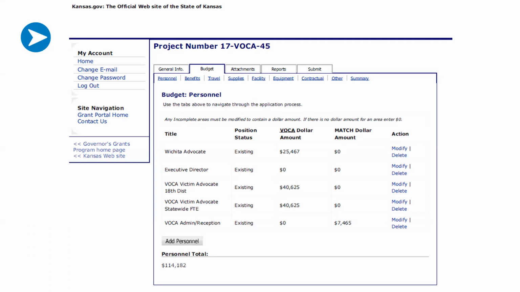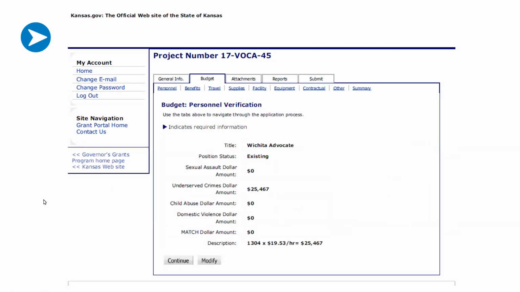So in this case, let's drill down. You had to go to another page and say, explain how you got this Wichita advocate salary. So this is kind of a built-in budget narrative notes along with the budget. Each of those personnel positions had their salary amount entered, and you had to put a description down here about how you calculated that.